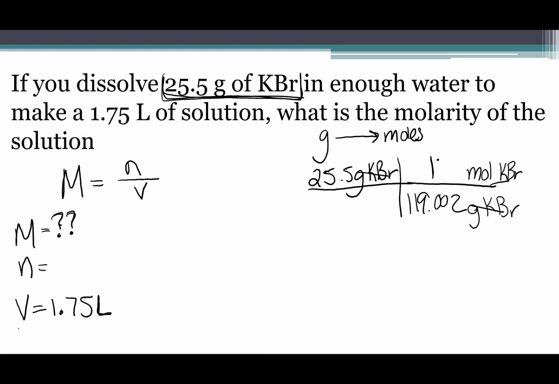So in 1 mole of potassium bromide, there's 119.002 grams. All right, so we multiply across the top, divide by the bottom. So 25.5 times 1 divided by 119.002, and we get 0.214 moles of KBr. Okay. So that's the number that I'm going to put over here into my inventory.